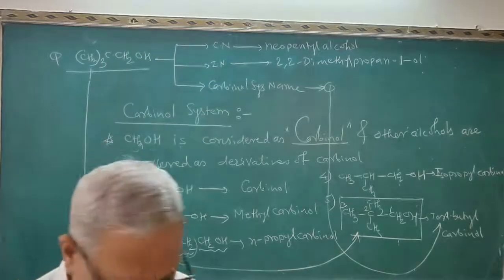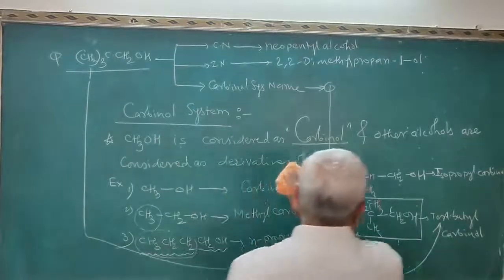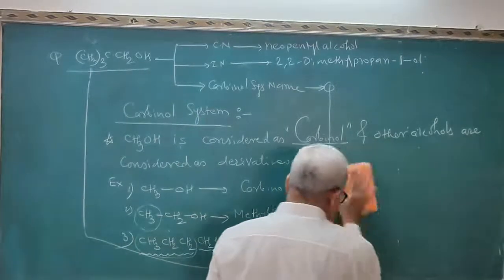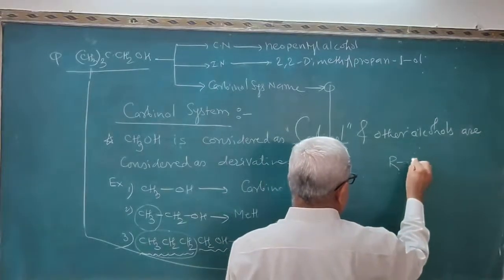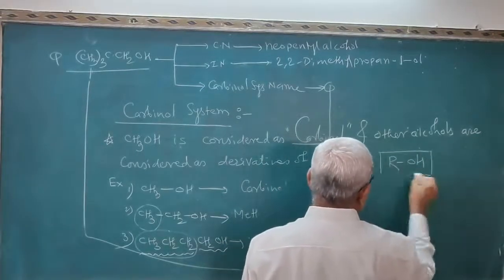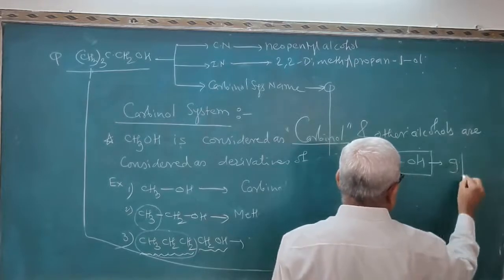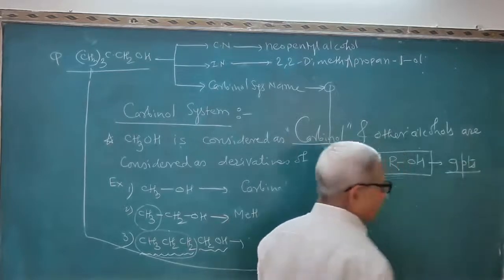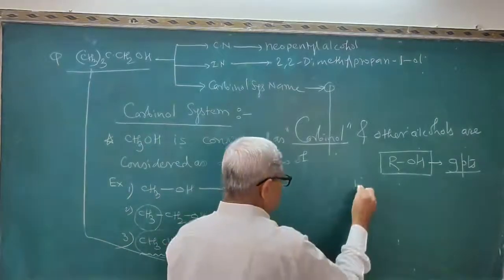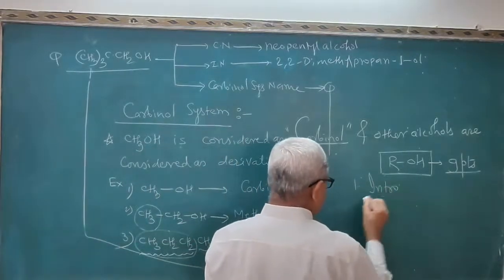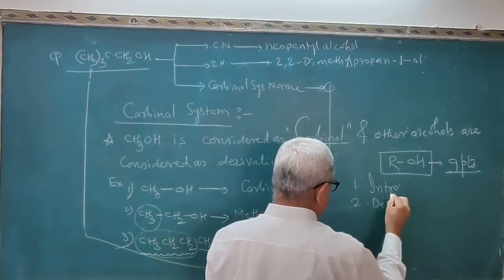So remember what we learned up to this point in the topic alcohols. In the topic, alcohols are represented by ROH. In this topic, you have to learn 9 points in detail. I gave the 9 points in the summary. The first point is the introduction. Second point is the definition.